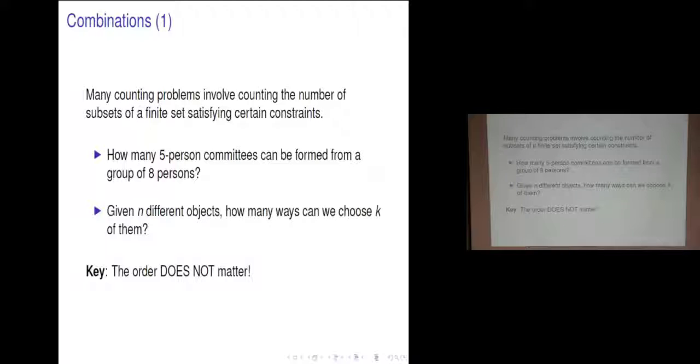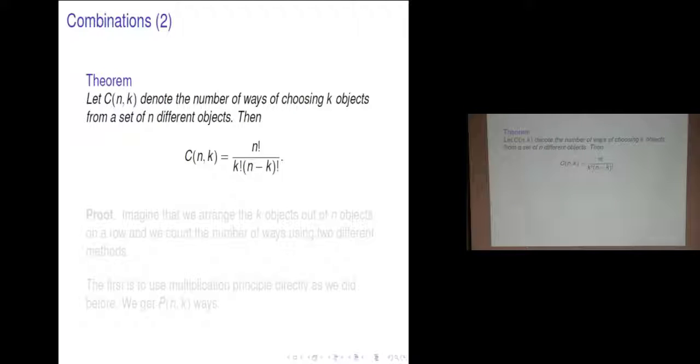Okay, so let's count. We use this letter C. Just now we saw P, for permutation. Now this C is for combination, or actually it's called the binomial coefficient. We are going to see it in a second. Let C(n,k) denote the number of ways of choosing k objects from a set of n different objects.